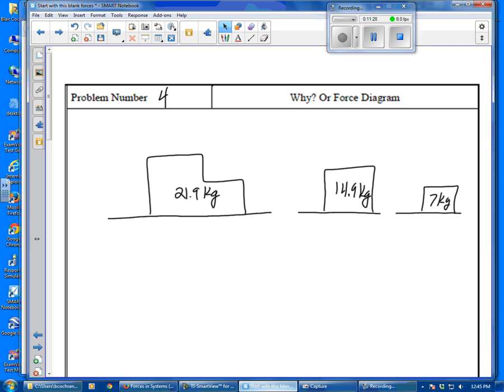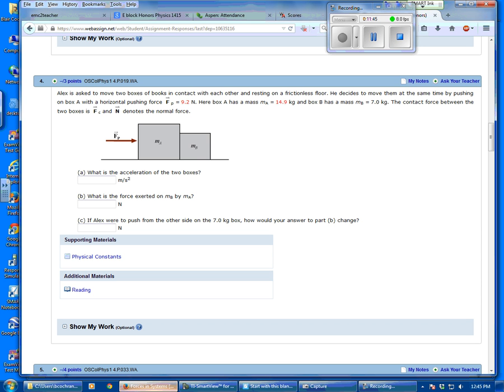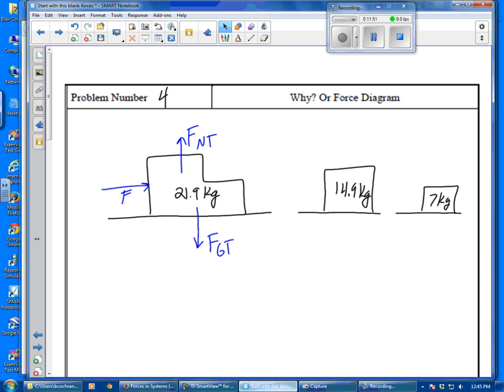Alright, let's see. For the system: force normal total, F sub G total, acceleration, they're all going to be accelerating together.